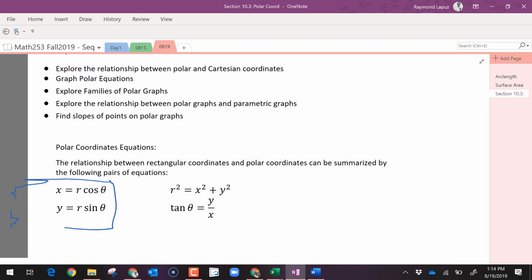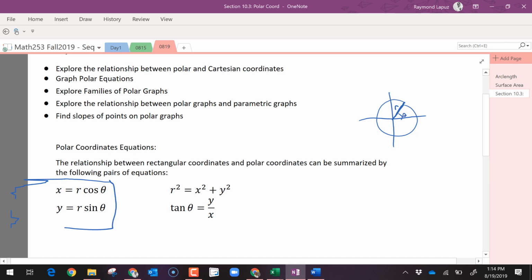If you think of r as the side that makes the angle theta in your unit circle, well, it doesn't have to be a unit circle. In fact, because it's r, it's not a unit circle.